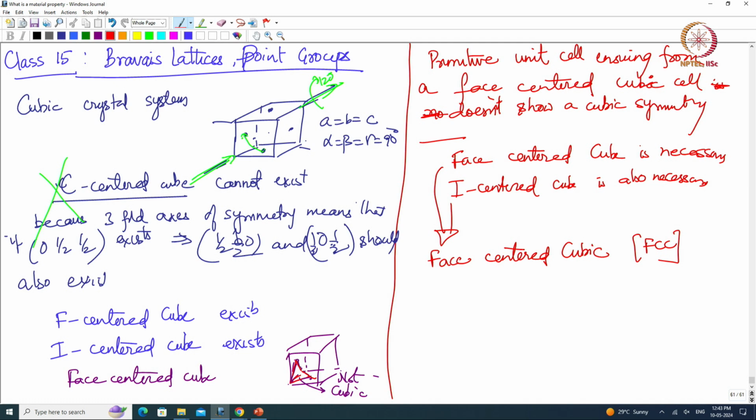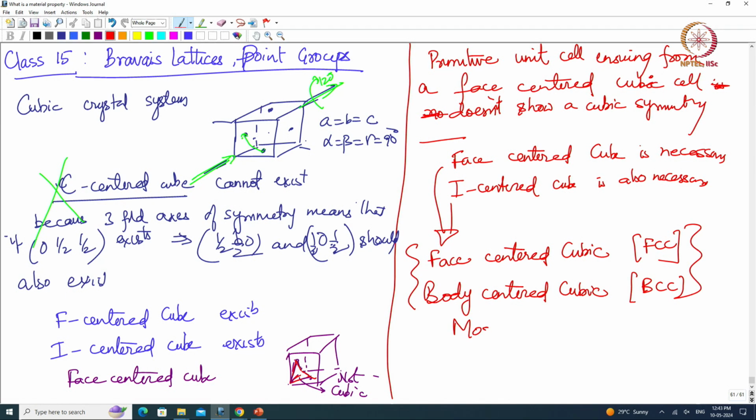So, the corresponding Bravais lattice is FCC, face centered cubic, which means I have centered a cubic cell with face centers. And then I put the motifs on all these to make the crystal structure. Or I have a BCC, which is a body centered cubic structure. And so these are the most popular Bravais lattices that one would have studied.